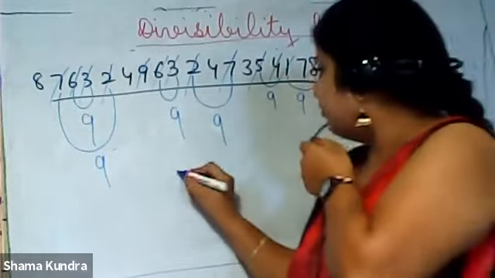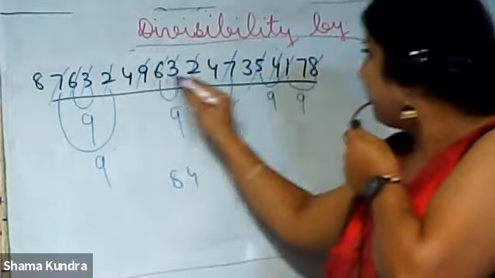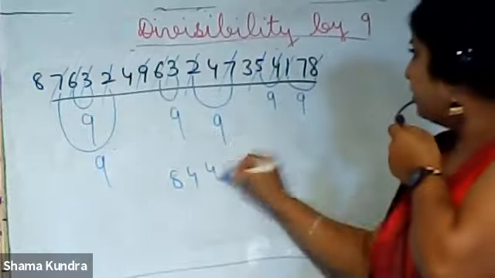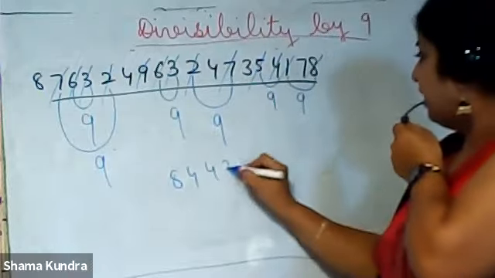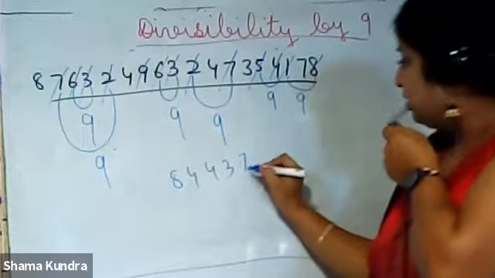Now I will be left with 8, 4, 4, 3, and 7.